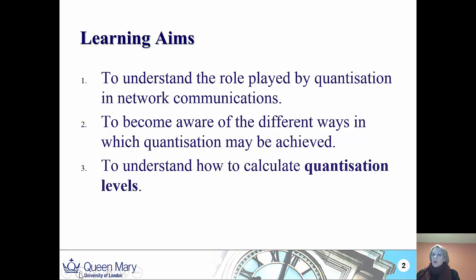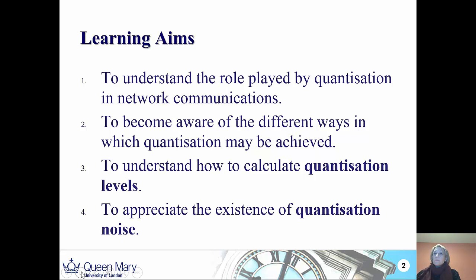We want to understand how we can calculate these quantization levels. So how many levels should be used in order to digitize a continuous signal. And we also want to appreciate the existence of quantization noise.